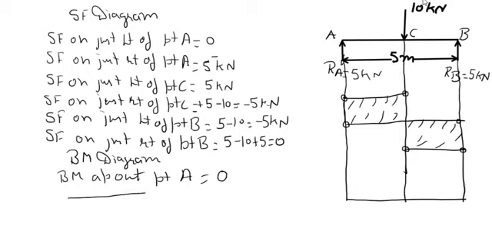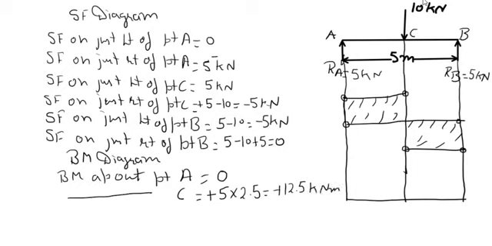Now bending moment about point C. On the left side of point C there is one force, 5 kilonewton. It is at a distance of 2.5 meter and it tends to rotate the beam in clockwise direction. So it is plus 12.5 kilonewton meter.